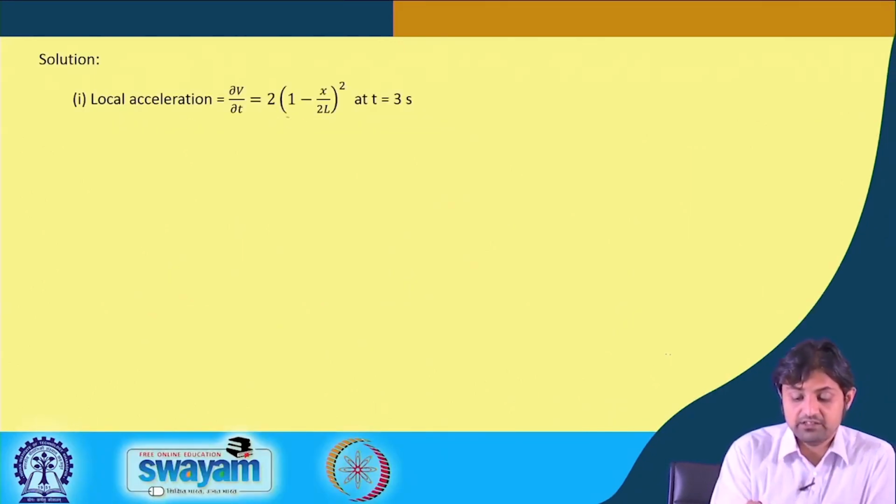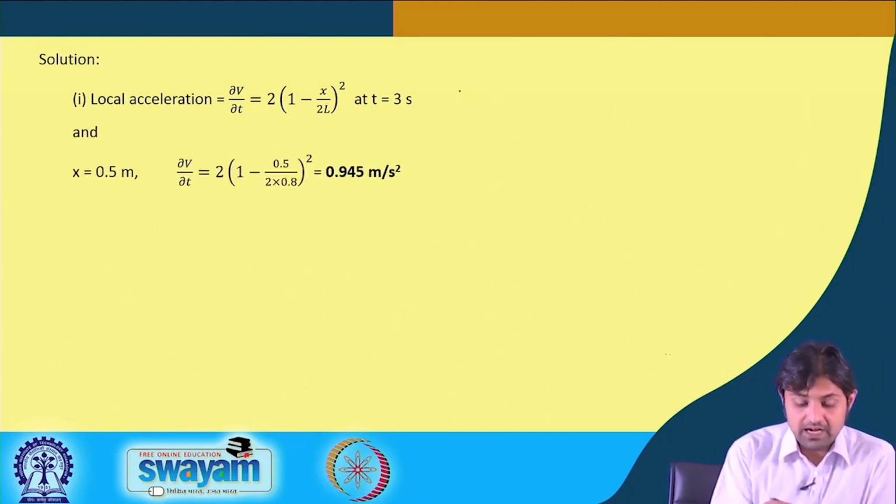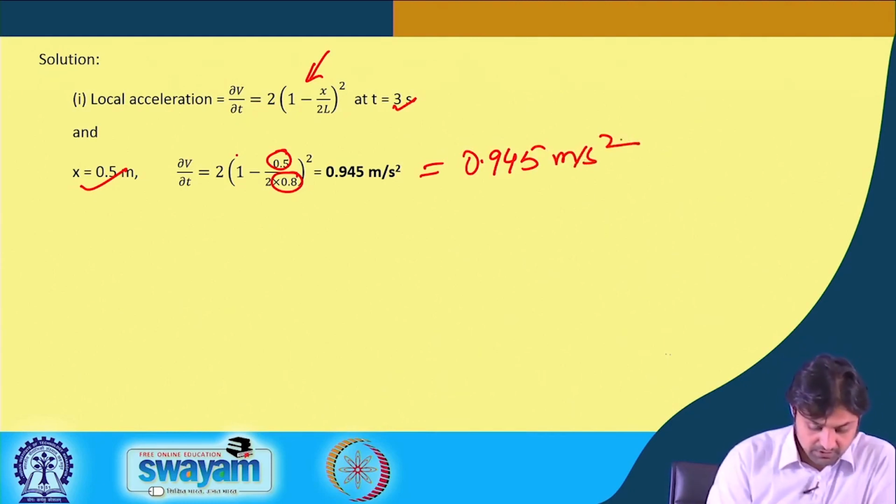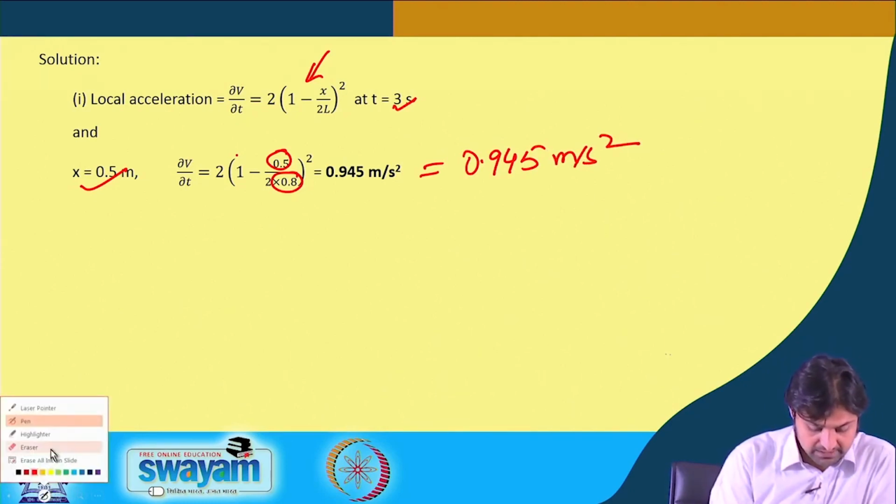And at t is equal to 3 seconds and x is equal to 0.5 meter, we substitute the values: 2 remains 2, x is 0.5 and the length value we have been given is 0.8, and this comes out to be 9.945. Very simple multiplication. This is the local acceleration.